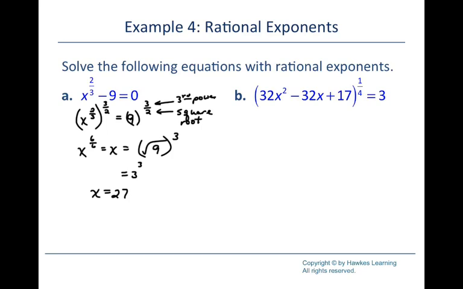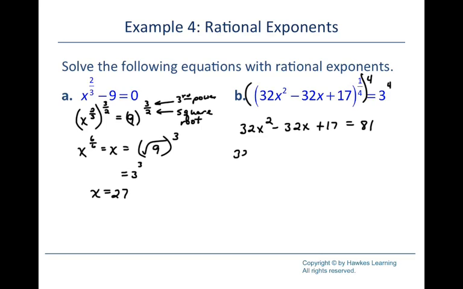Okay, looking at this next problem, all of that's raised to the 1/4 power. So I want to raise everything to the 4th power. I want to take this and raise it to the 4th power and raise the 3 to the 4th power. So that means that all of this is this quantity in parentheses to the 4 over 4, or to the first. So now I've got 32x squared minus 32x plus 17 is equal to 3 to the 4th, which is 81.